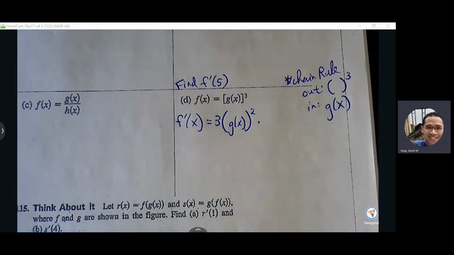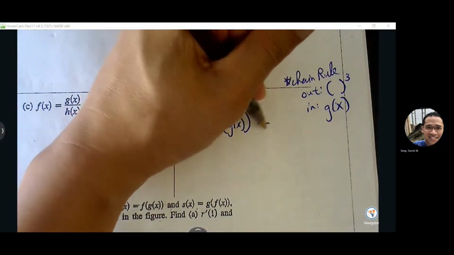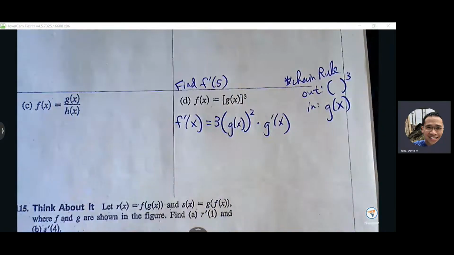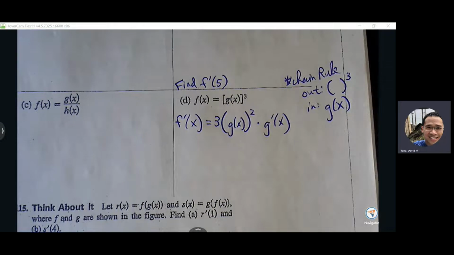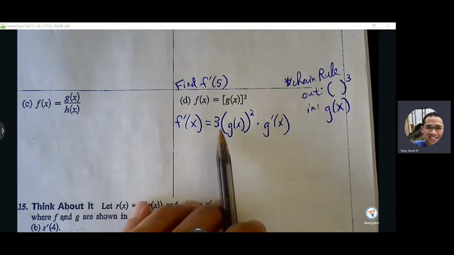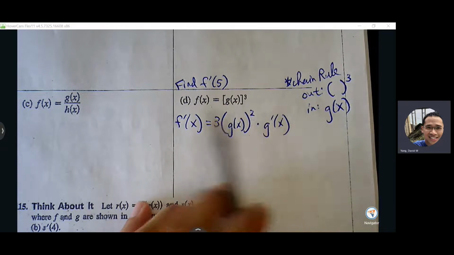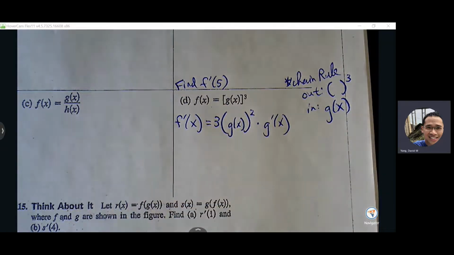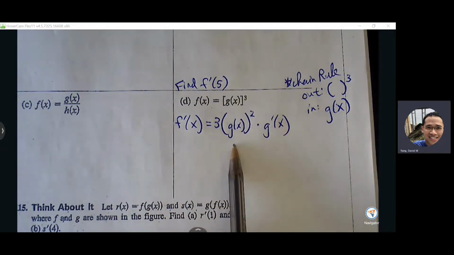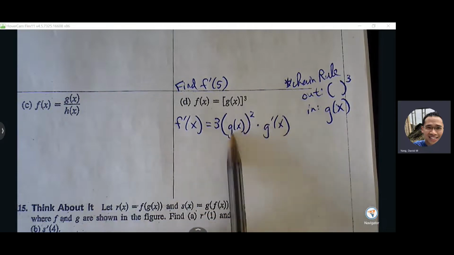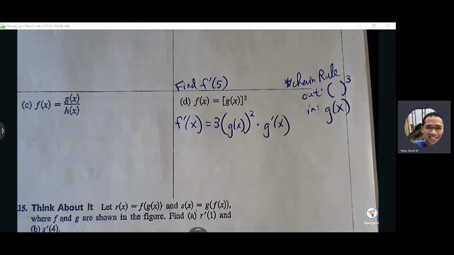Now we're ready for inside's derivative. So now we can take care of that derivative. Sometimes I see students trying to streamline the process, and they want to go 3 times g prime of x squared because it feels cleaner, it feels easier, but that's not what chain rule says. We got to have a separate space for the outside and for the inside derivative.